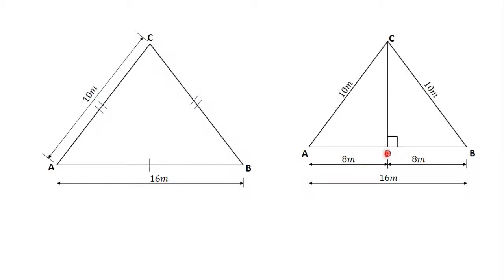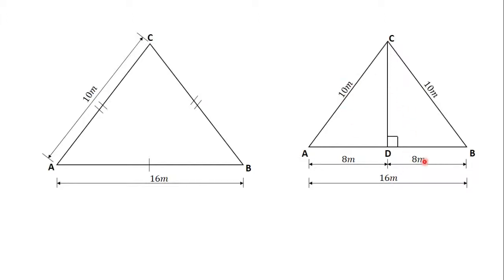If I call the point where that line meets AB point D, we learned in the previous video that this height will divide the base, which is AB, into two equal parts. The base is 16 meters, so AD will be 8 meters, which is half of 16, and DB will also be 8 meters, which is half of 16.